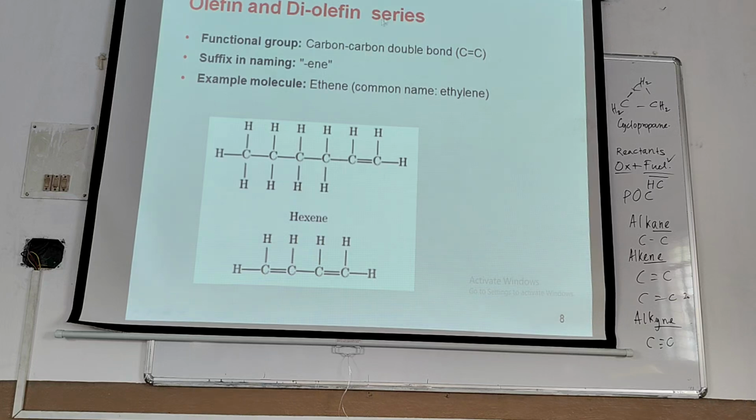Then the olefin and diolefin series. The next one, you see there will be a single carbon-carbon double bond, and this one has two carbon-carbon double bonds. So this is called olefin and this is called diolefin. Di means two carbon-carbon double bonds are there. This will be the suffix, alkene. So ethene is the name, meaning there will be two carbons and one carbon-carbon double bond.